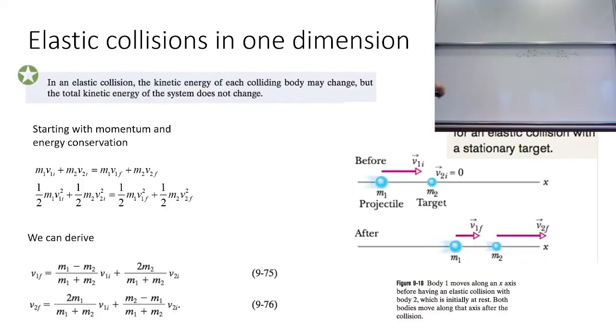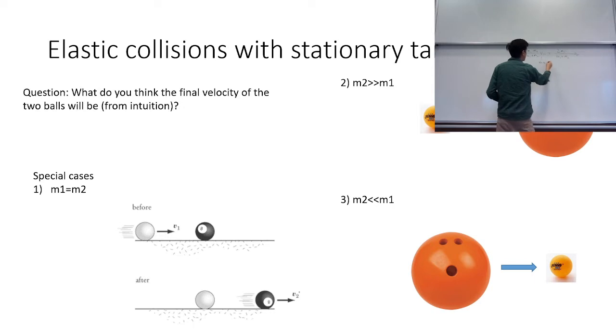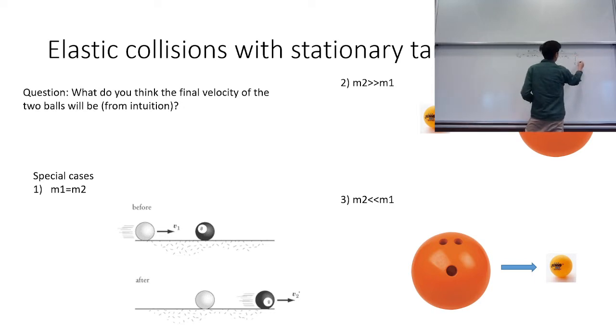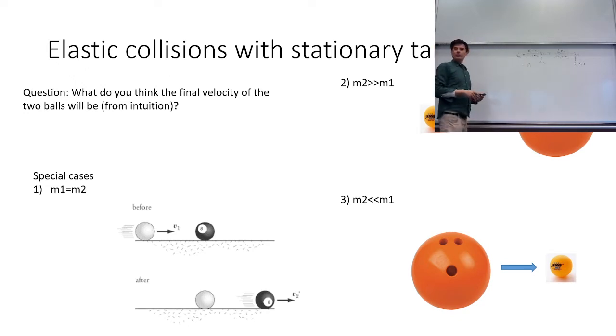Say in the case of M1 equals M2, this is the white ball, and this is the 8 ball, so the 8 ball's initial velocity is 0. Because M1 is equal to M2, V1F would be equal to 0. So that's saying that the white ball stops.